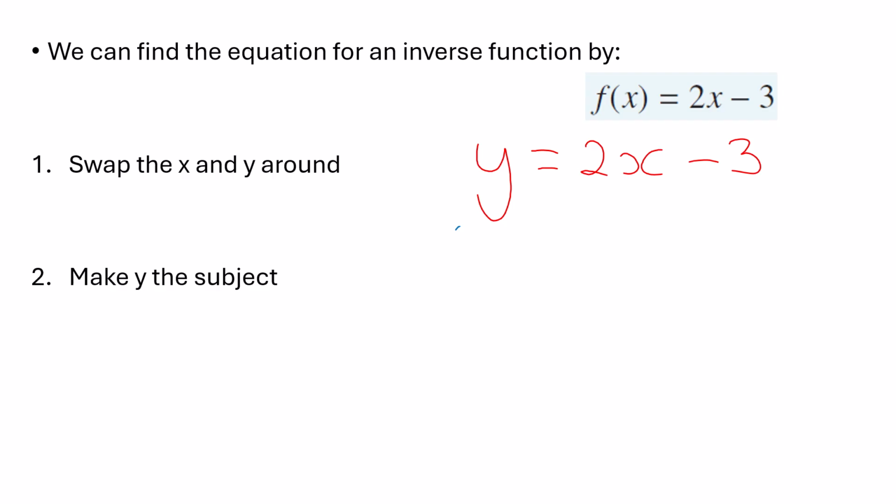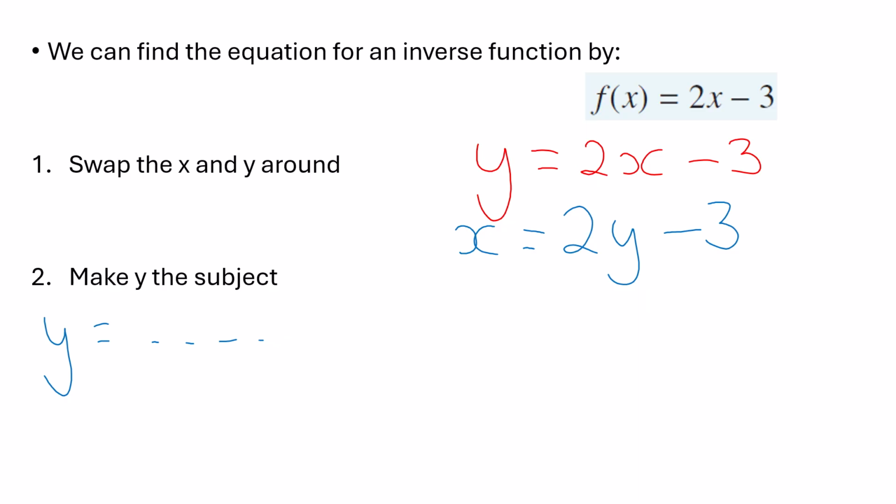So this now is going to become x equals 2y minus 3. And now we're going to rearrange that so that y is the subject. So it's in the format y equals whatever. Let's work out what it is.